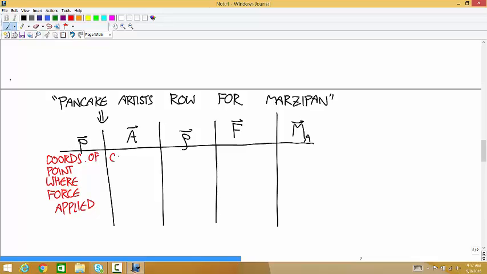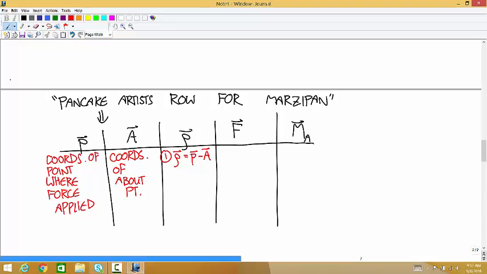A is the coordinates of the about point. Rho you can think of two ways. If you have coordinates for both of these, you can just subtract them. So rho is equal to P minus A.